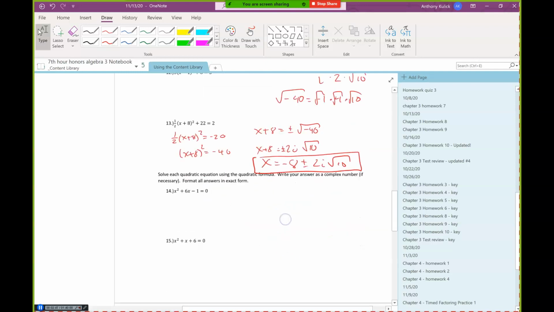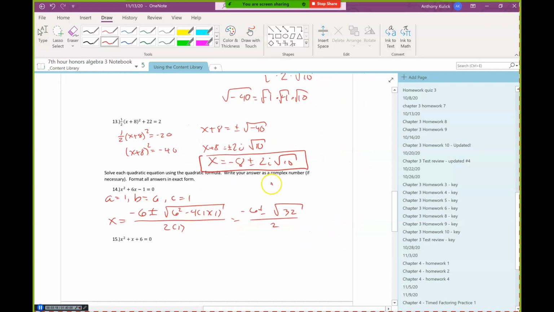Sure. So here we're asked to use the quadratic formula. So my values for a, b, and c. So x equals negative b plus or minus the square root of b squared minus 4ac all over 2a. So 6 squared is 36. 4 times 1 times 1 is 4. 36 minus 4 is 32. And the square root of 32 I can think of as 16 times 2, right?